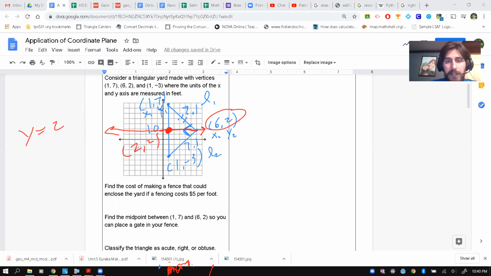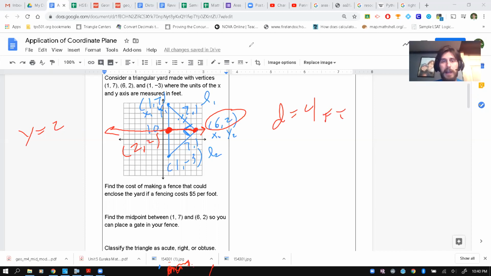I'm asked to find how long it is from that point to that point for my stone walkway. And if it's just a horizontal line, I can find that distance simply by counting from 2 to 6, which gives me a distance of 4 feet.